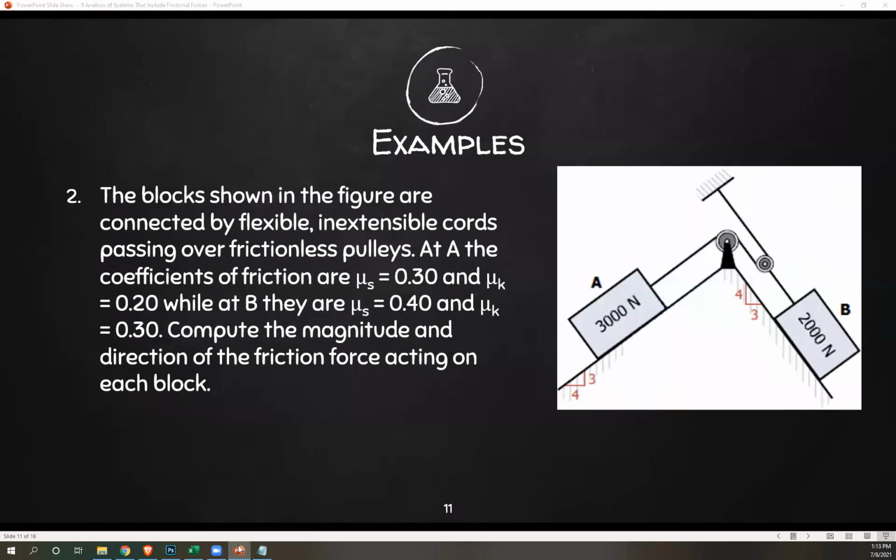Number 2: the blocks shown in the figure are connected by flexible, inextensible cords passing over frictionless pulleys. So you have these 2 blocks and 2 frictionless pulleys. At A, the coefficients of friction are 0.3 and 0.2, while at B, they are 0.4 and 0.3. Compute the magnitude and direction of the friction force acting on each block.